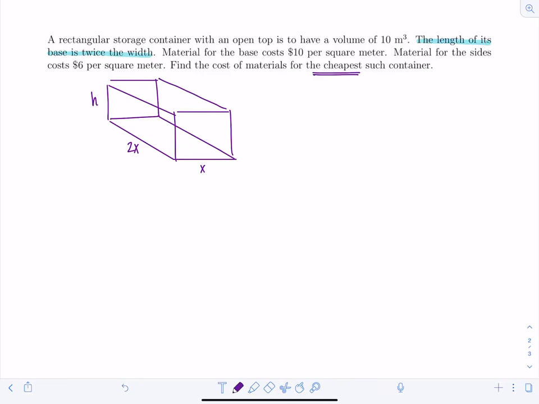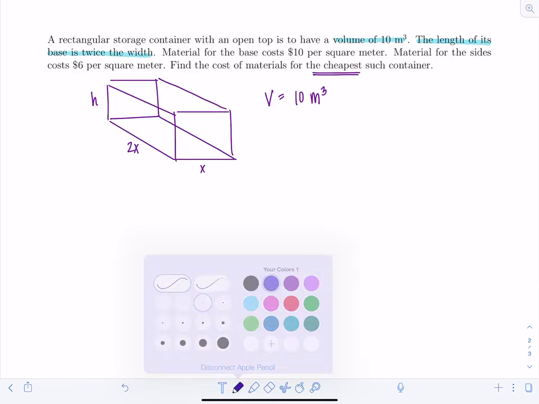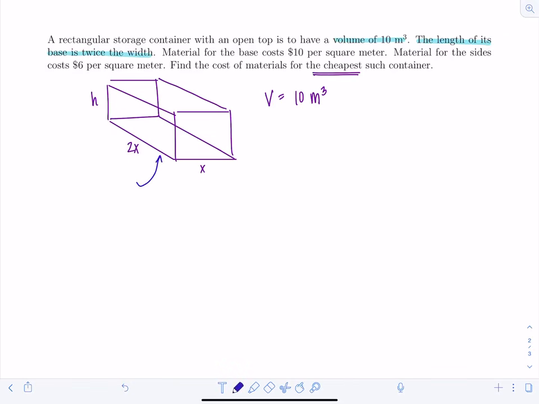All right? Well, they told me here in the beginning of the problem that the volume was 10 meters cubed. Okay, so the volume is 10 meters cubed. And now we have a little bit more information here. The material for the base costs $10 per square meter. So that's $10 per meter squared, per square meter for the base.